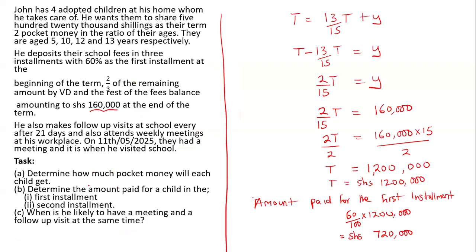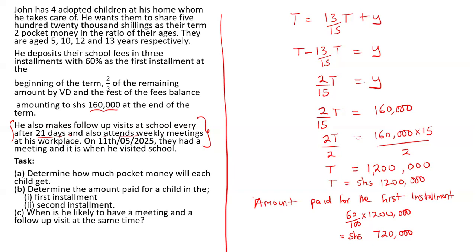Then I'm going to come and I go to the second part or the last part. When is he likely to have a meeting and follow up at the same time? Now, here I want you to observe the third part. They told us that he also makes a follow-up visit at school every after 21 days and also attends weekly meetings at his workplace.